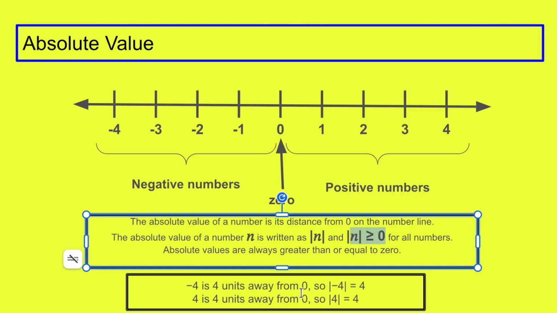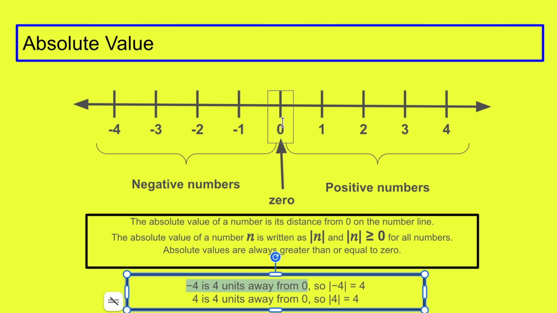So for example, let us see this. Minus 4 is 4 units away from 0. What it is saying is minus 4 here. Minus 4 is 4 units away from 0. So how do you represent minus 4 as an absolute value? Like this. So the absolute value of negative 4 is 4. 4 is 4 units away from 0.